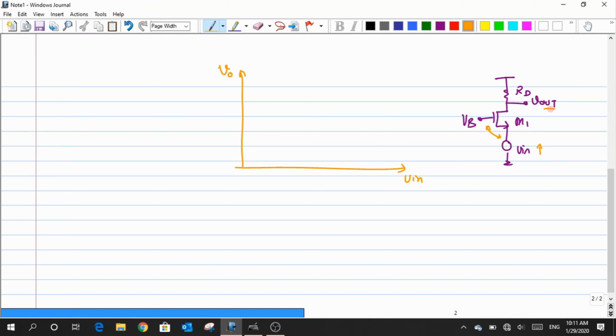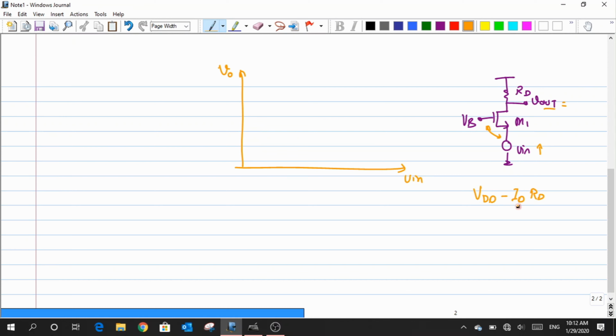So how will I read the drop across this Vout then? It is VDD minus ID times RD. Since the value of ID currently for this value of Vin is large, my value at Vout will be small, just because the ID value is very large.